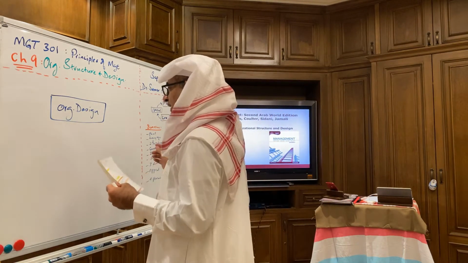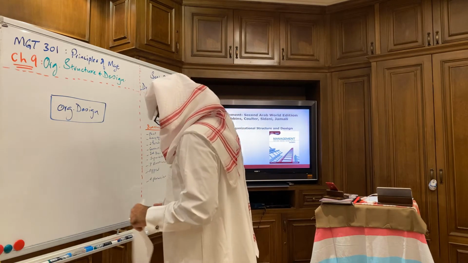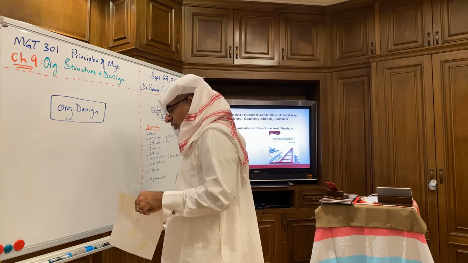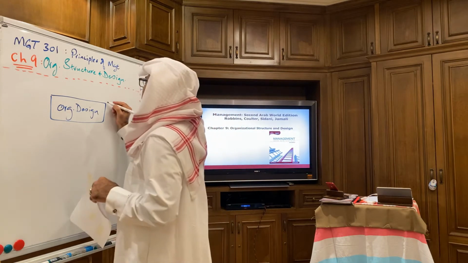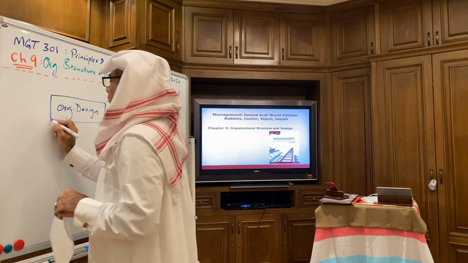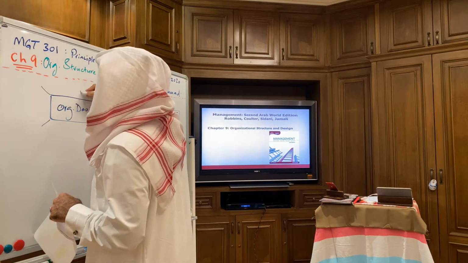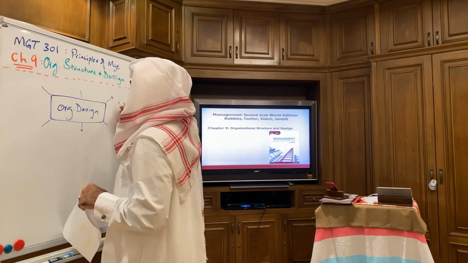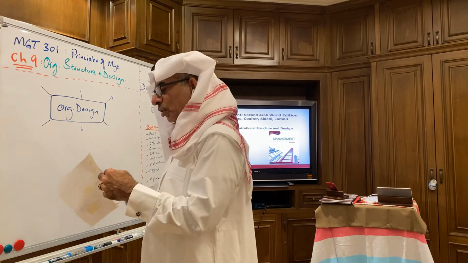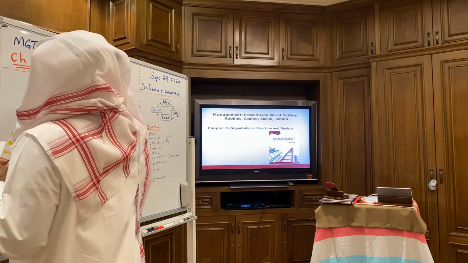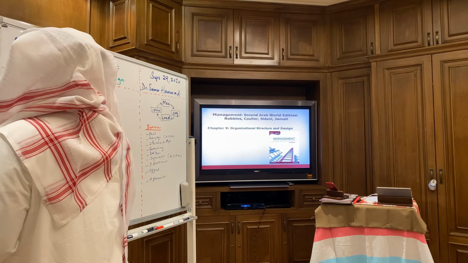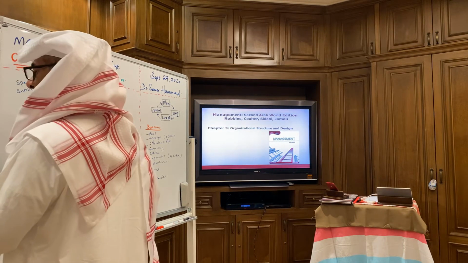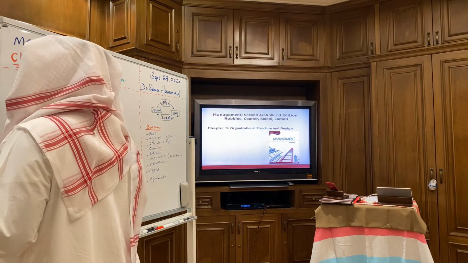When you do organizational design, you look into 6 important aspects. First of all, you look at span of control. And you look at the chain of command.